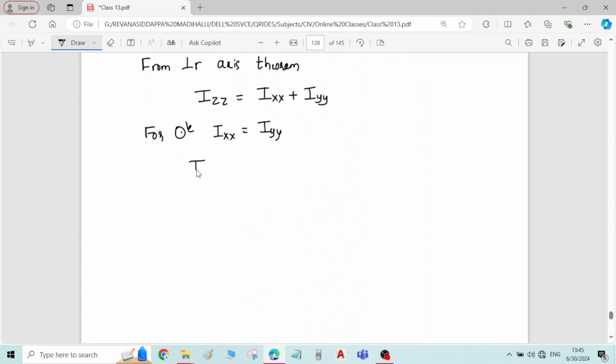Rewriting the equation, Izz is equal to Ixx plus Ixx.